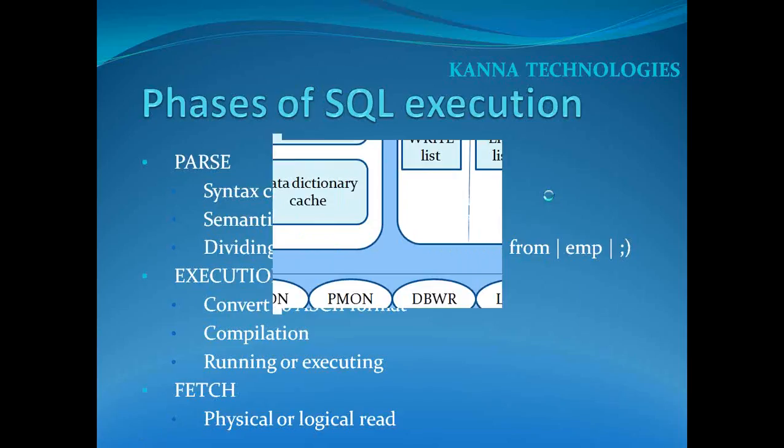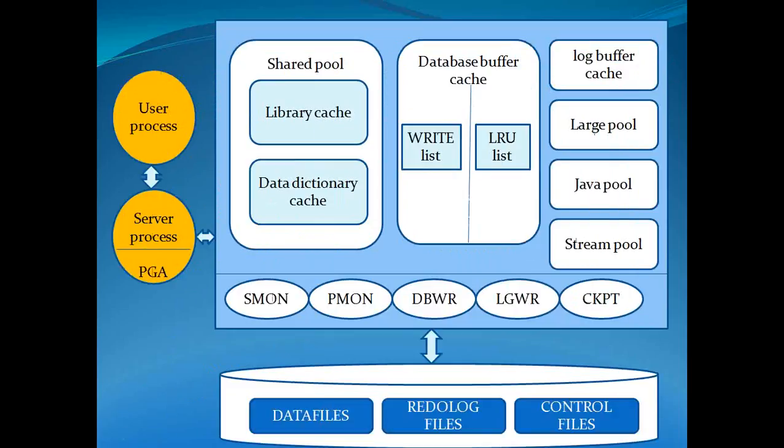So now let us see how exactly the select statement is going to work in the database, or how it is going to be processed in the database. Yesterday we understood what a user process and a server process are, and we talked a little bit about the PGA.